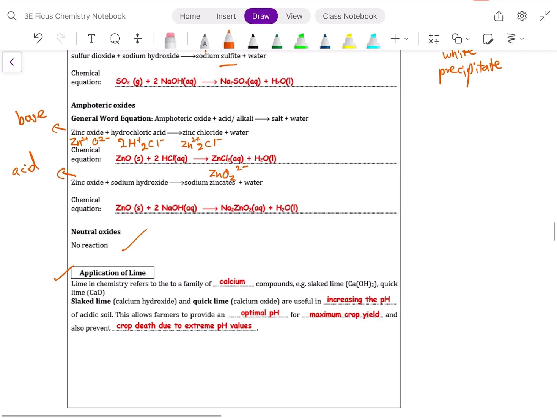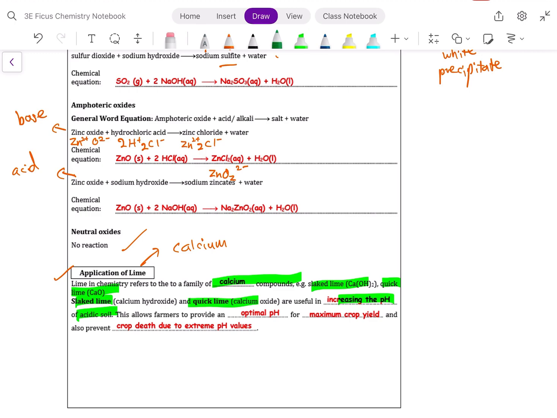Then the final part of acids and bases is the application of lime. So what do I mean by lime? Lime is actually a family of calcium compounds. Whenever I say lime, you have slaked lime, which is calcium hydroxide, and quicklime, which is calcium oxide. Slaked lime, or even quicklime, can be used in increasing the pH of acidic soil.